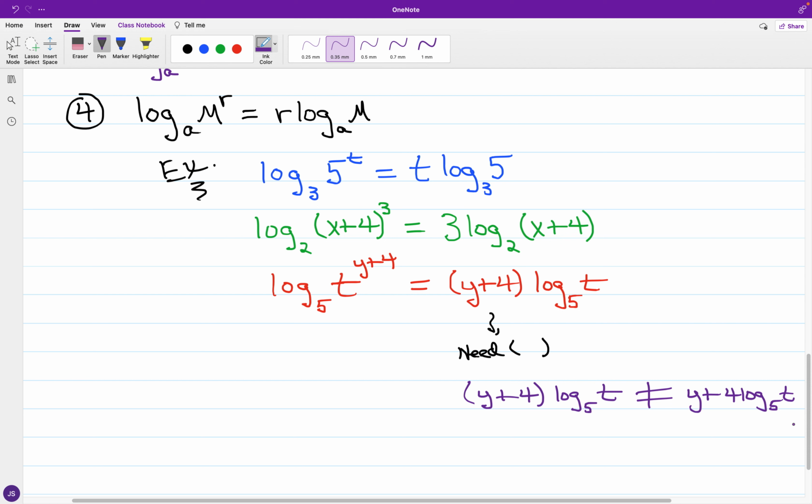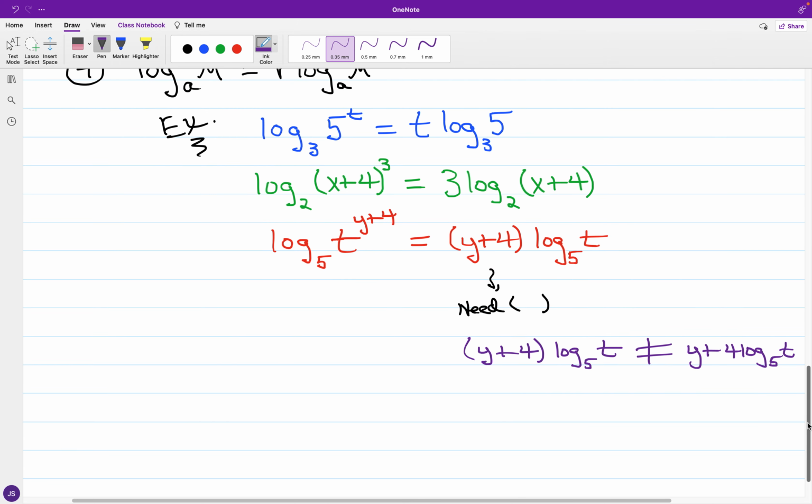And now, again, I had mentioned that this property provides a bit of a link to operations between logarithmic terms. For the first set of operations, we're going to be crossing over into the realm of what will be regarded as sums and differences of logarithms.